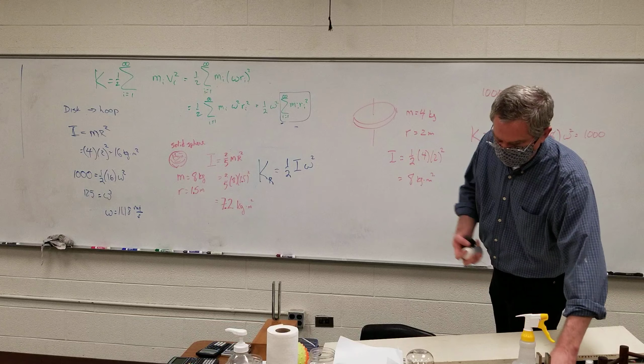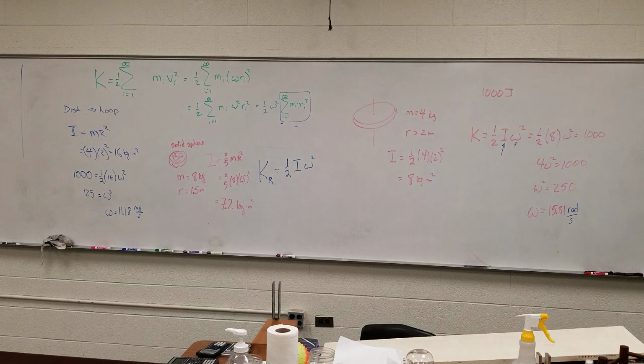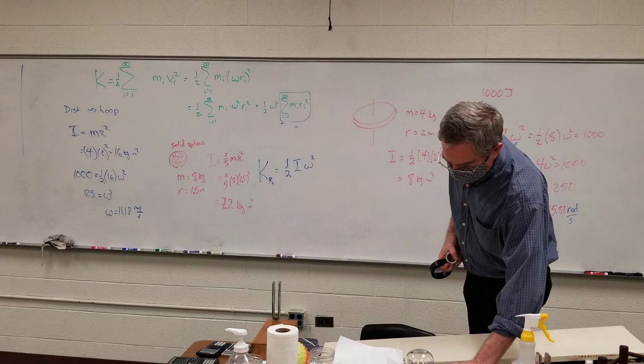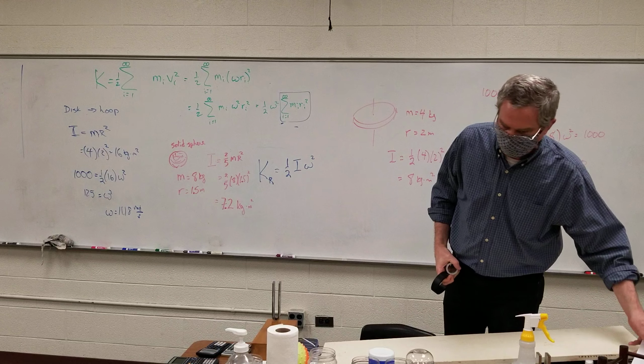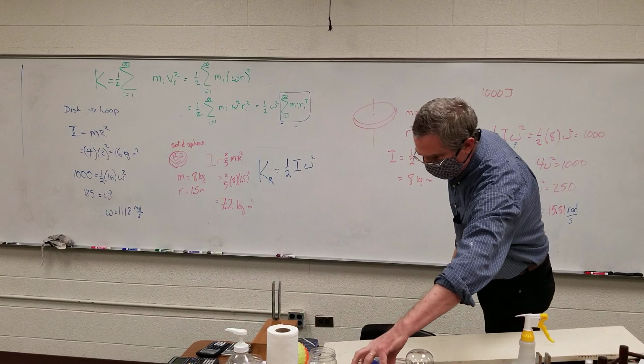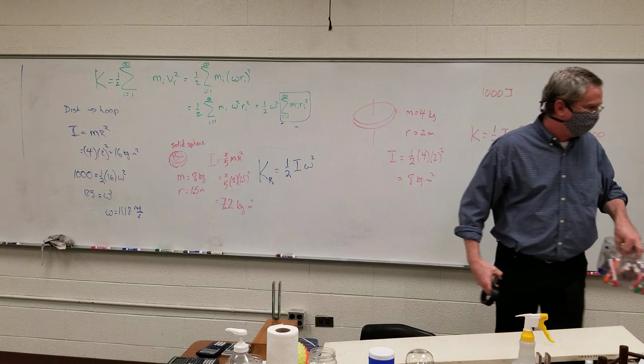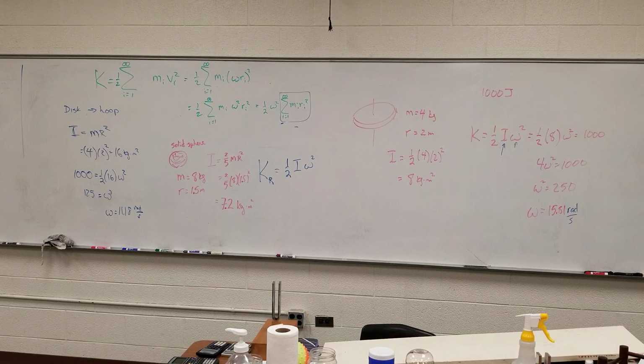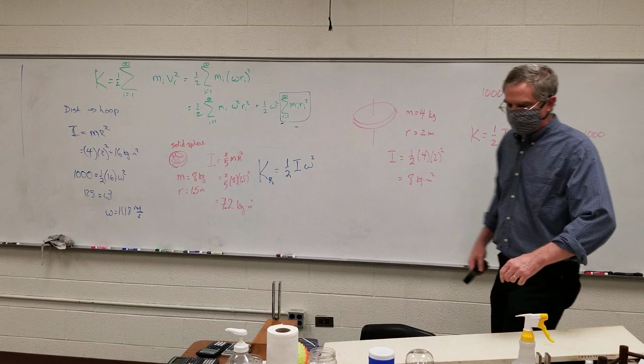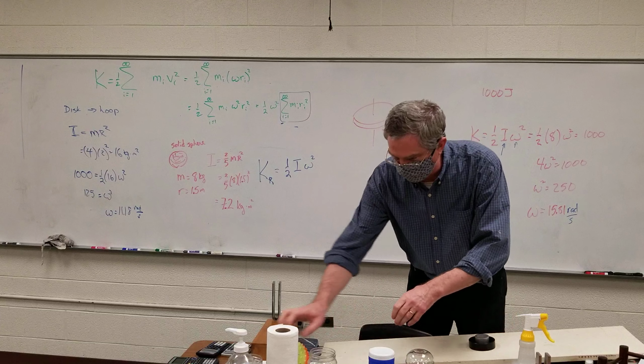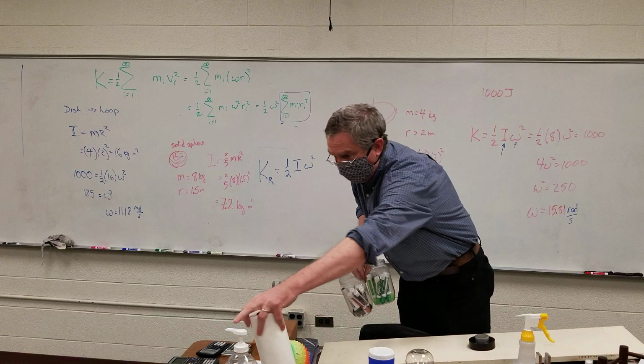I have certain shapes here, things that will roll. So we'll start out with 2 hoops. I'm not going to click everything because that's going to take way too long, but hopefully enough.